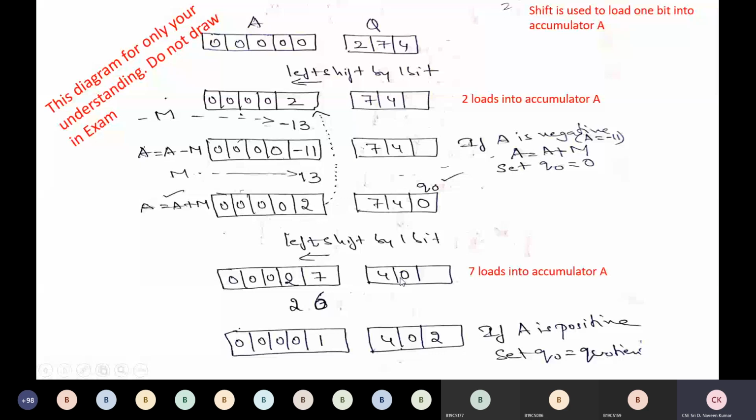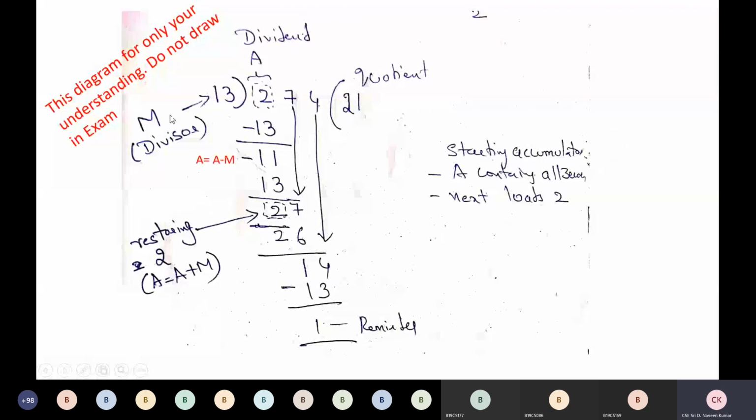One is the accumulator register, which consists of all zeros, and another register Q, which consists of 274, the dividend. The divisor is 13. So the accumulator has all zeros and Q is 274.